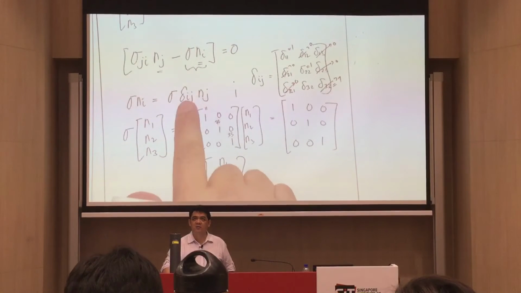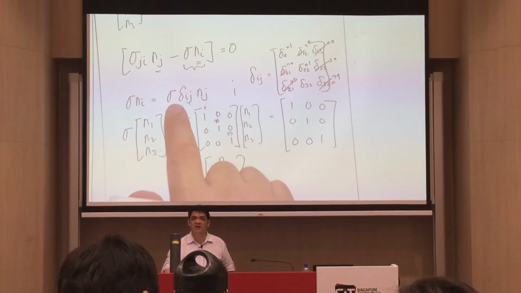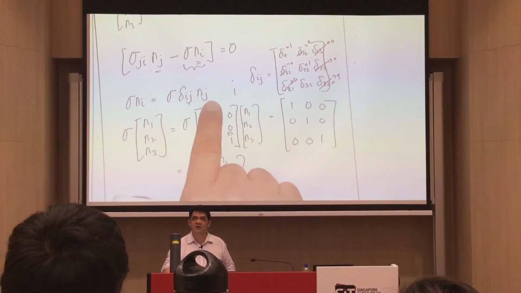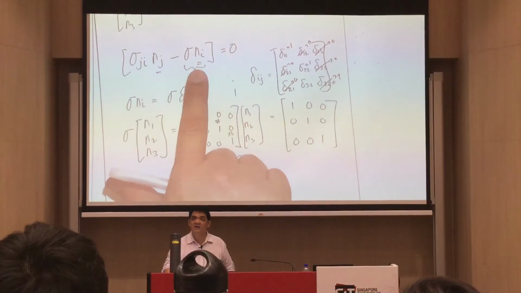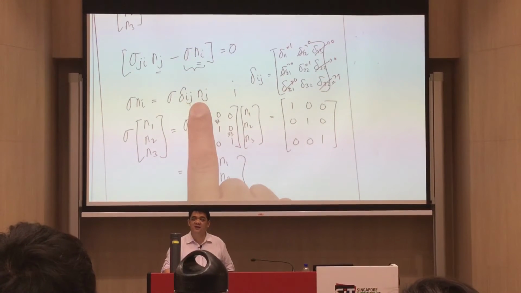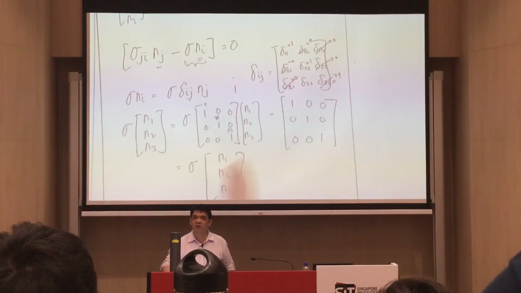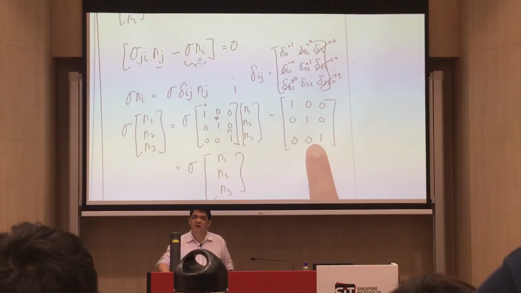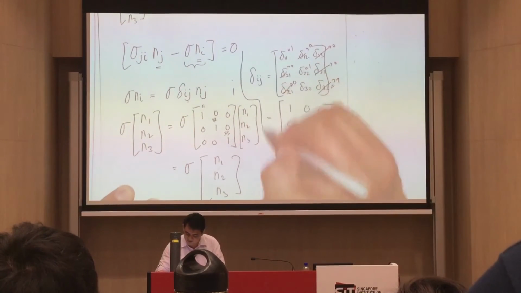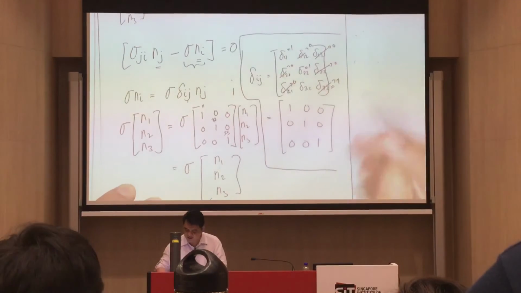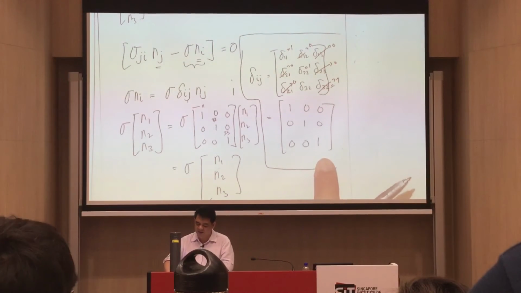So sigma ni can be sigma delta ij nj. So you have proven that already, because we know that your delta ij is an identity matrix.